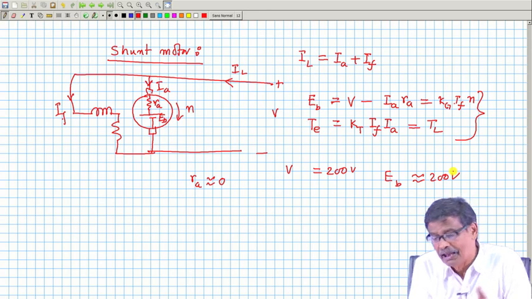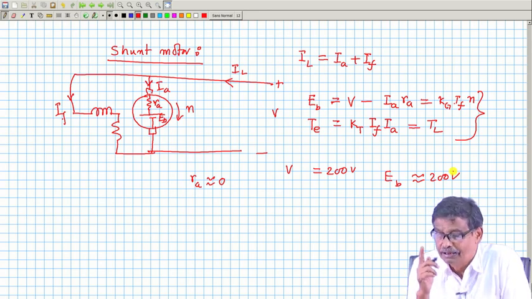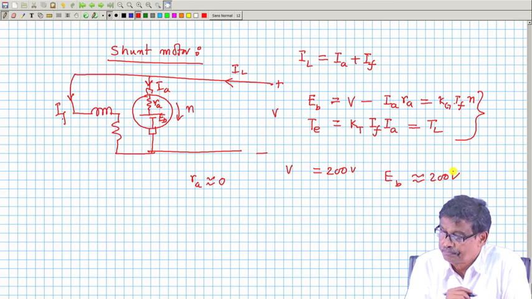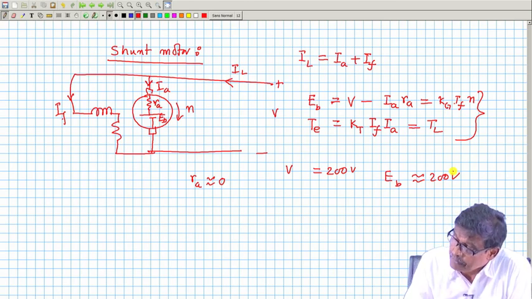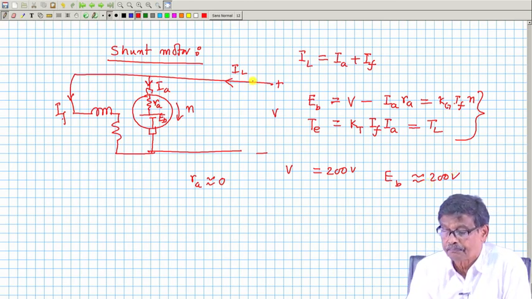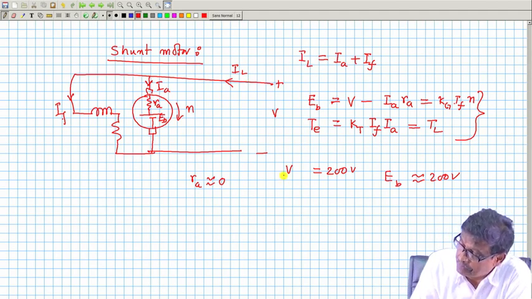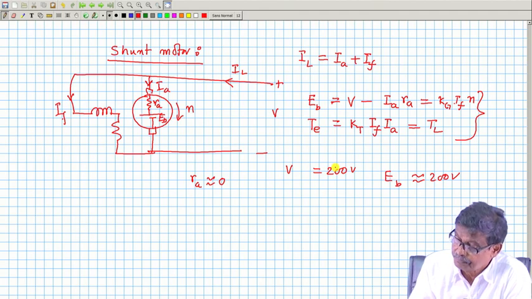Perhaps I am playing with the field current, but I will always state that the back EMF is fixed. If back EMF is fixed, and suppose initially you have applied 200 volt.